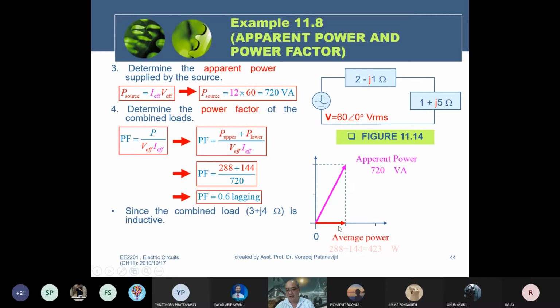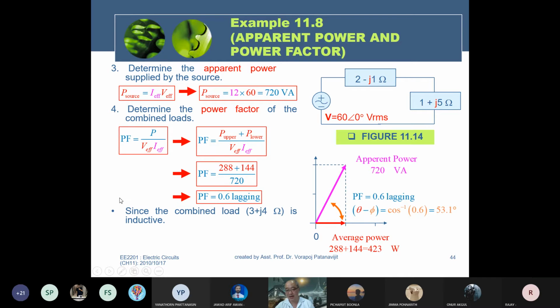But the average power that you really use is only 423 watts. You generate up to 700, but you use only 400. The performance is only maybe 60%.